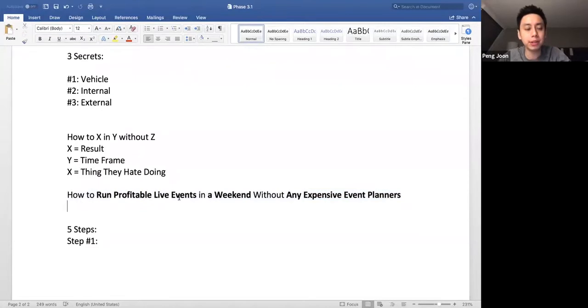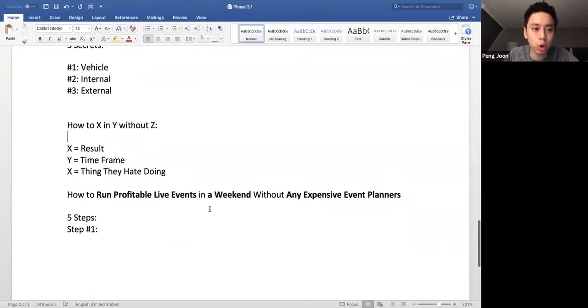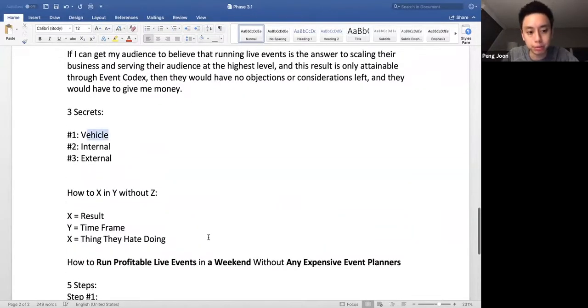How to run profitable live events, if you select this copywriting formula. This could be for the vehicle.